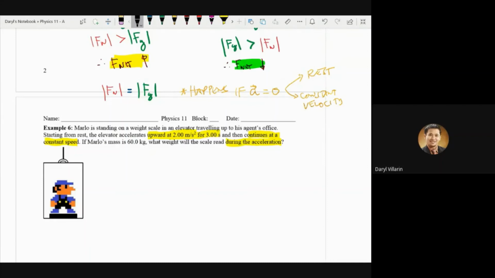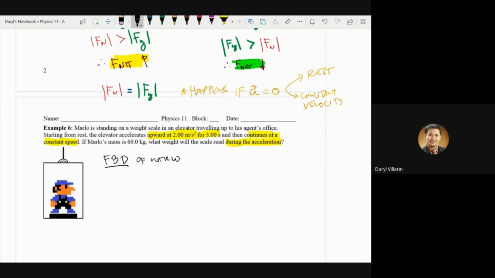If I'm going to draw my free body diagram, for any dynamics question, especially if you're going to apply Newton's first and second laws, you start your solution with a free body diagram. What is your object? In this case, it's Marlo, because you're trying to get the weight of Marlo.